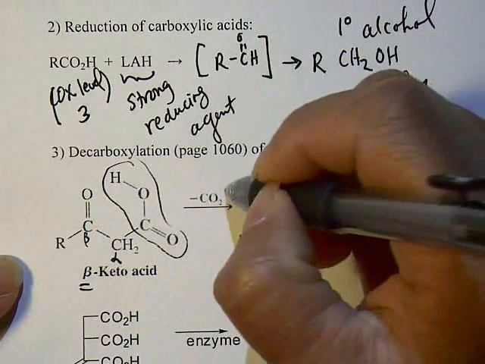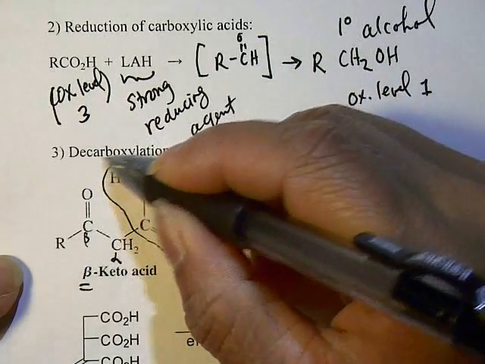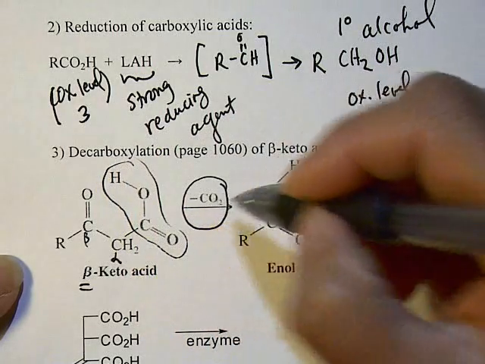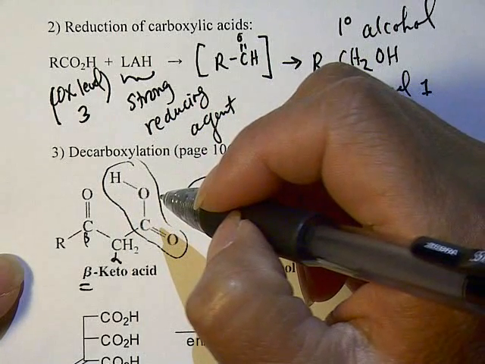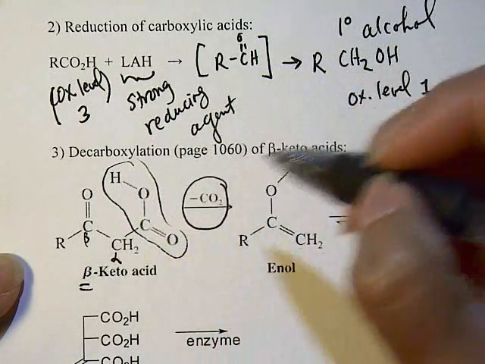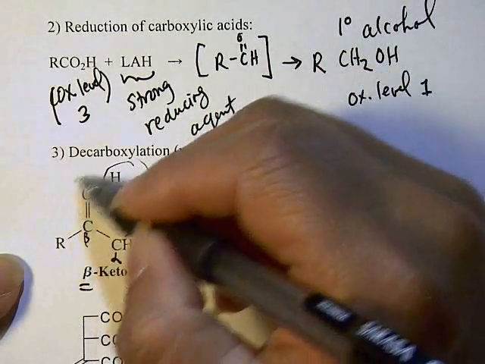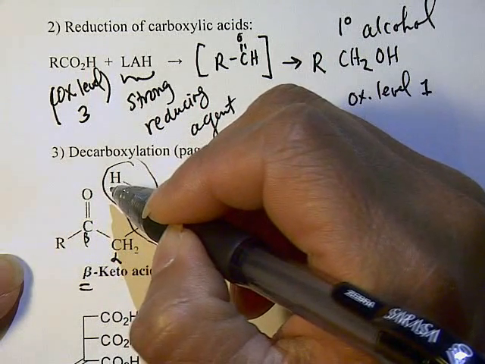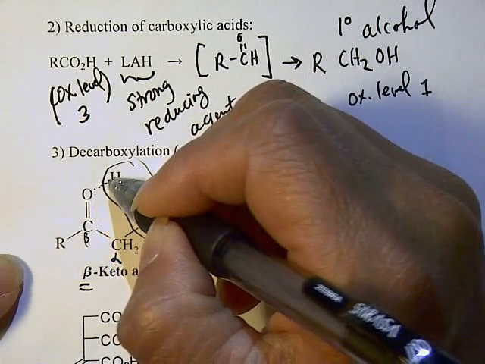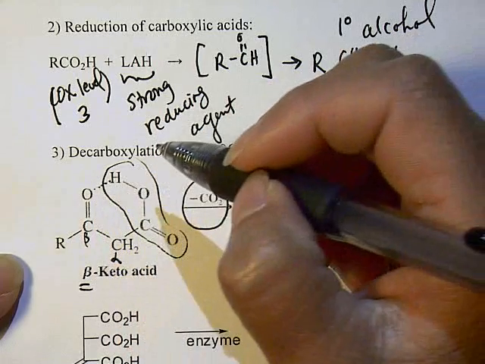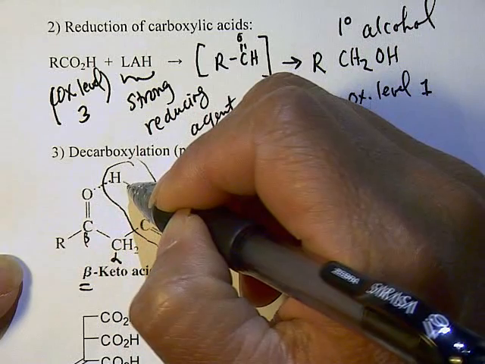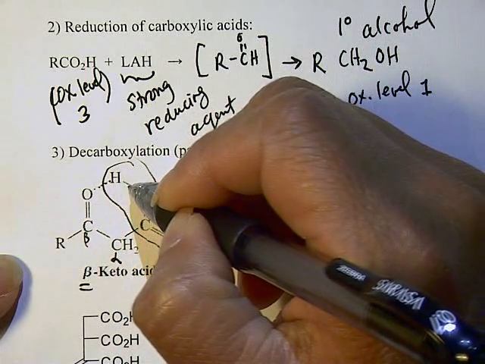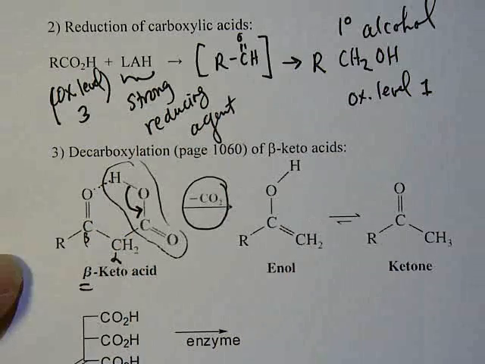The name decarboxylation comes from the fact that it extrudes CO2, and the way it does that is through a cyclic intermediate. So this is all lined up here, and it is hydrogen bonded intramolecularly like this in a cyclic fashion, and the 2 electrons that held the oxygen and hydrogen are used to make the CO2.